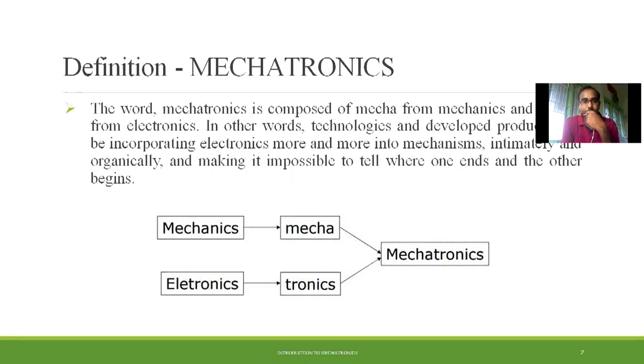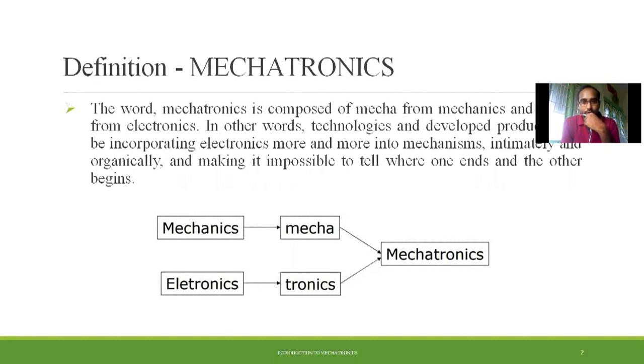Actually, the word mecha has arrived from the Japanese language, and electronics will be supporting the mechanical actuators to work in a perfect manner, that is, actuating in coordination towards the positive x, negative x, or positive y, negative y, simultaneously towards the positive z and negative z axis, which we will be calling prismatic joints in the case of robots, which will be utilized on behalf of the manual process.